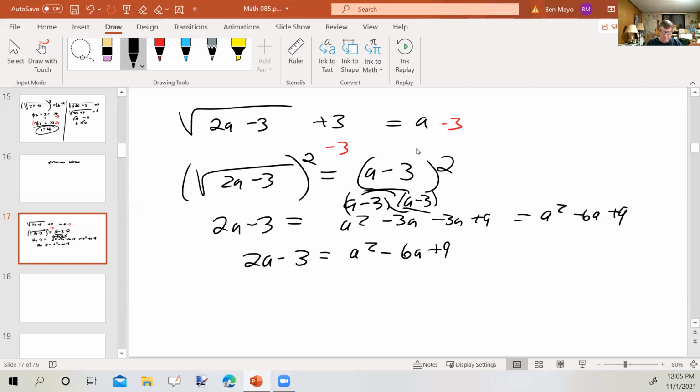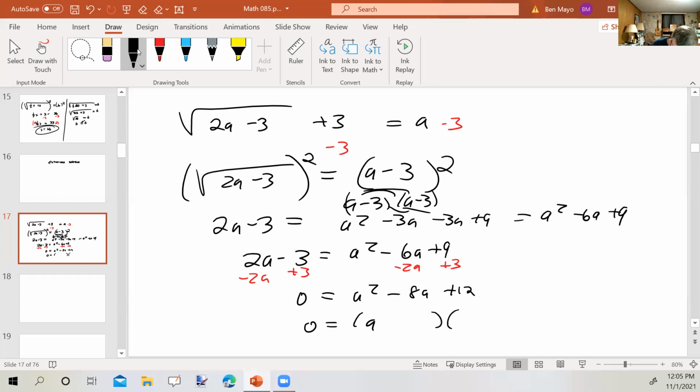This is a second degree equation, so let's take advantage of what we learned in chapter 6. We'll set it equal to 0 and then see if we can factor it. I'm going to subtract 2a from both sides and add 3 to both sides. I get 0 equals a squared minus 8a plus 12.